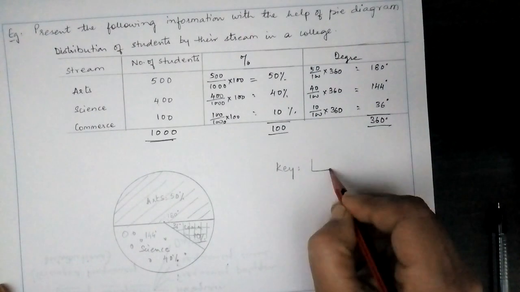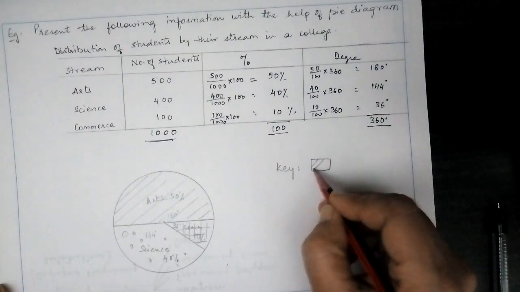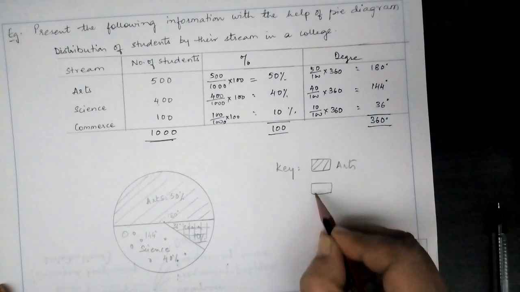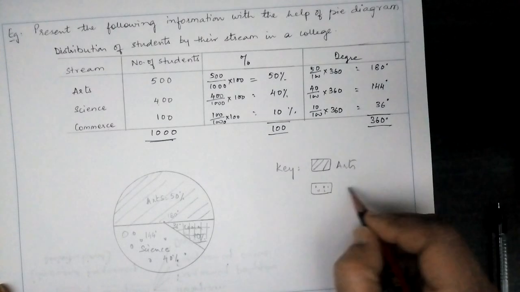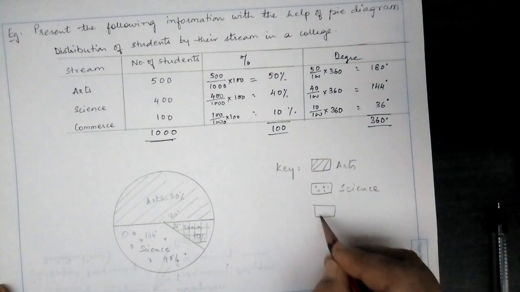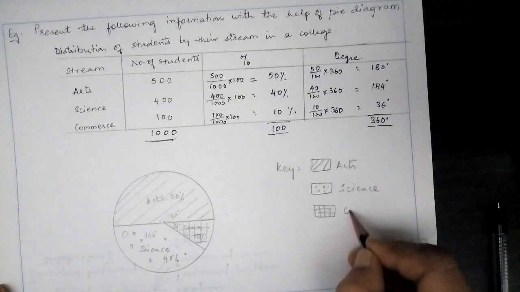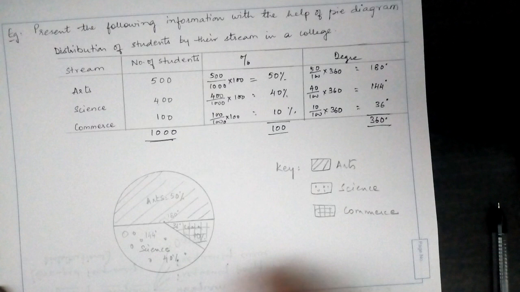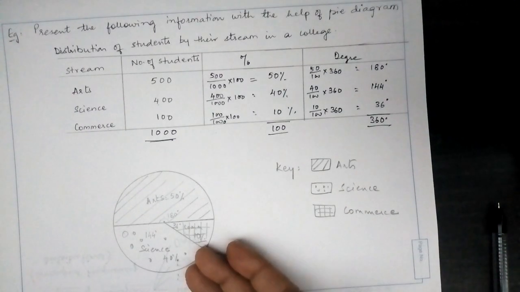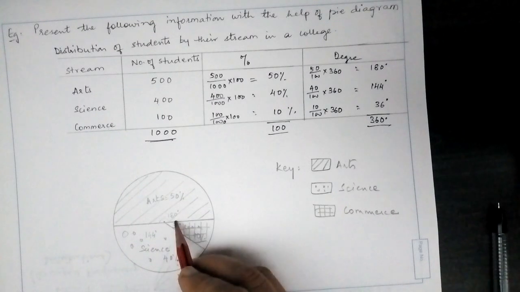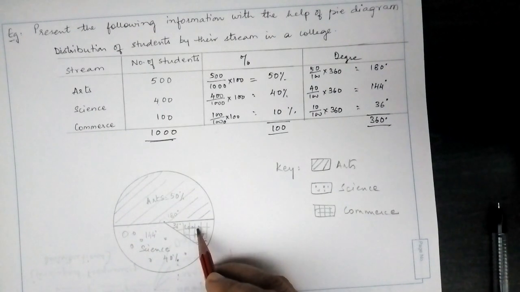The key says that this is the design we have chosen for arts, this is the design we have chosen for science, and this is the design we have chosen for commerce. So this completes our pie chart, which represents the percentages as well as the angles in the pie.